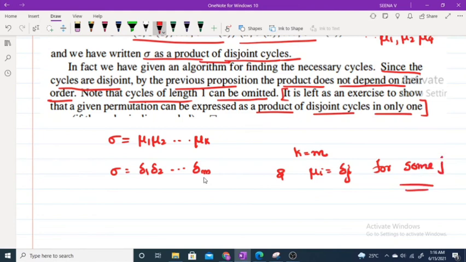You try to prove this, okay? Or you can use any other method to prove the uniqueness. Okay, that's all for today's class.